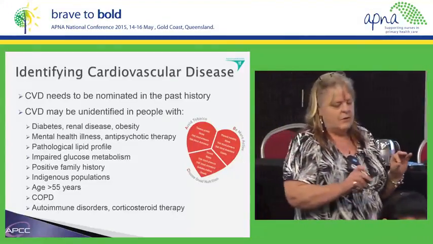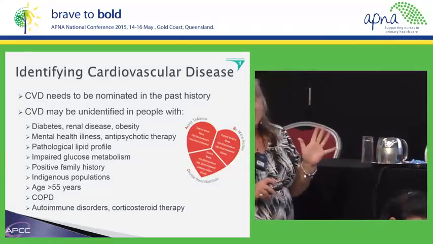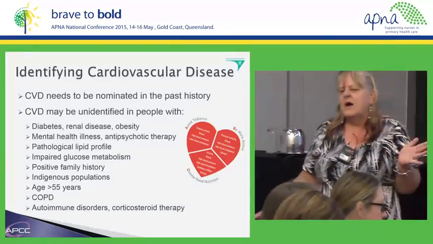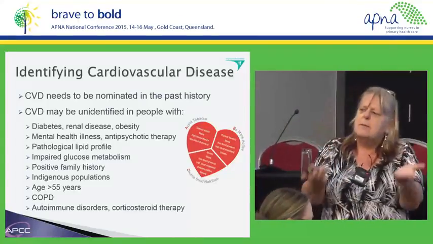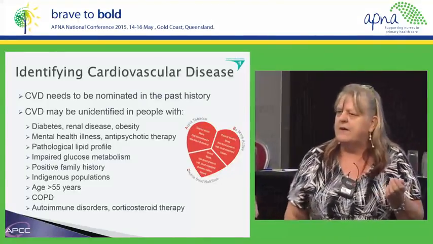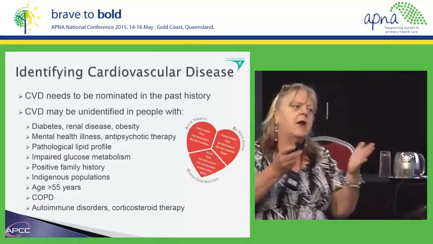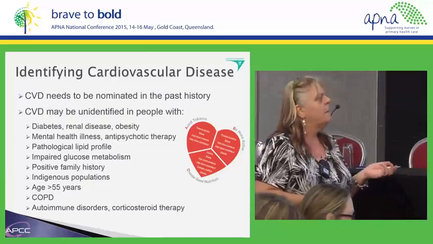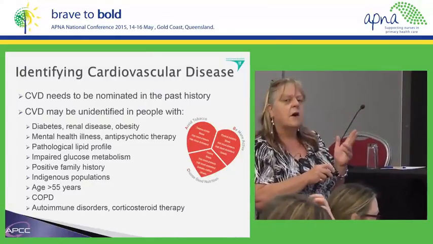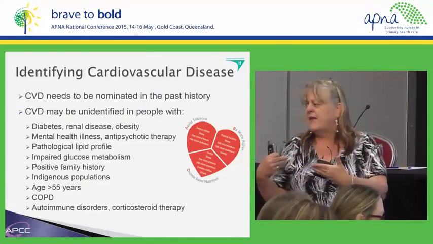So think about all the people. Think about everyone that comes into your rooms. Is this person potentially one with cardiovascular disease? Can I save this person from significant disability? So, COPD, we often don't think about that.